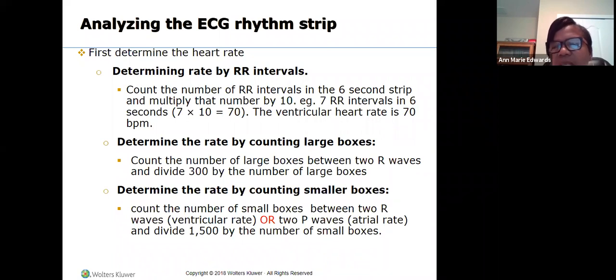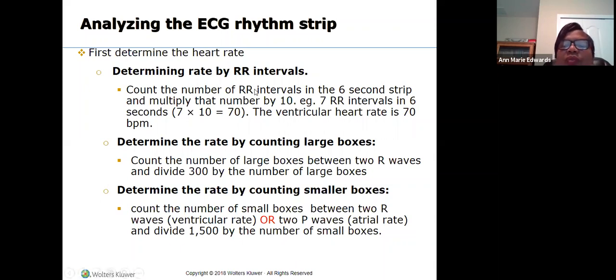I hear some people saying 4, and that is correct. Now, if you're counting that same pulse for 6 seconds, what would you multiply it by to get your pulse rate per minute? Think about it. And I do hear some people say 10. Okay, so consider your 6-second strip as counting your pulse for 6 seconds.